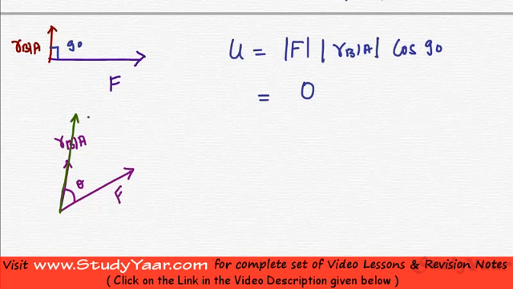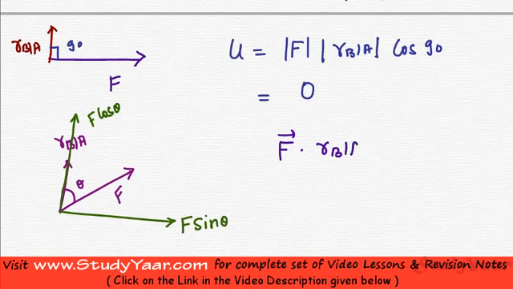this component is going to be F cos theta, right? And this component is going to be what? Does it look perpendicular to you? Let's have it like this. This component is going to be F sin theta. Now my work done by force is equal to F dot rb by a vector. I can also write it as F cos theta vector plus F sin theta vector, dot rb by a.